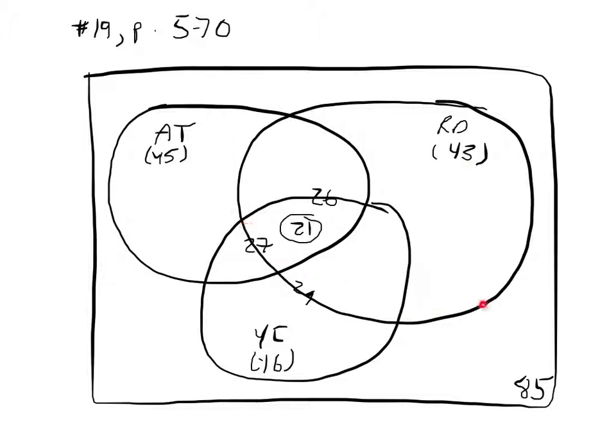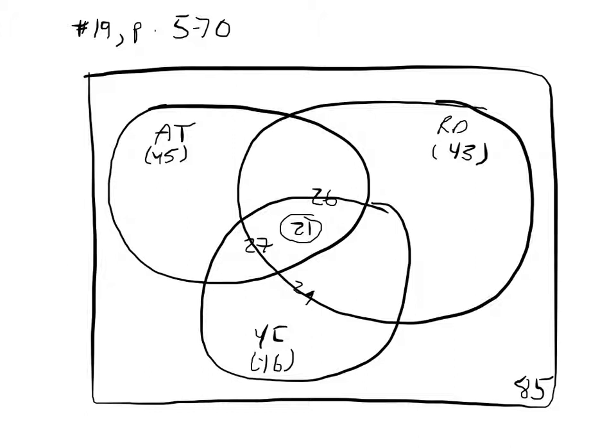But in this set of rear-wheel drive, I've got this area and this area and this area. And these cars, for example, would be cars that have rear-wheel drive and automatic transmission but don't have four cylinders. This region over here would be cars that have both automatic transmission and four cylinders but don't have rear-wheel drive.